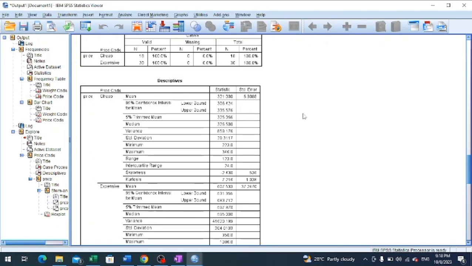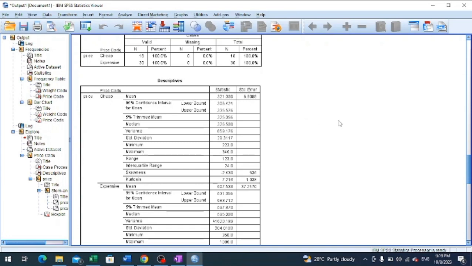Now, how can we interpret this? First, since we are dealing with currency values, it is better to round off the numbers to two decimal places. So the lower bound should be taken as 306.42, whereas the upper bound can be taken as 335.58.